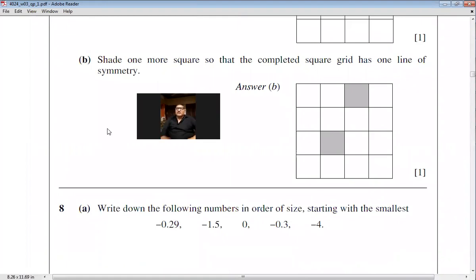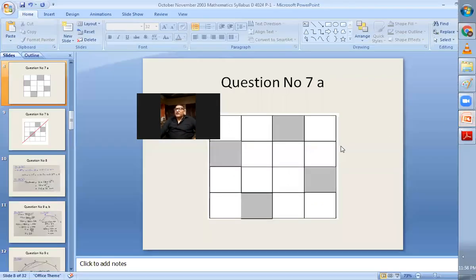He said shade 1 more square so that the completed square grid has 1 line of symmetry. Here you can see there are 2 squares already shaded, and they want us to shade 1 more so that there is only 1 line of symmetry. So let me show you my work.